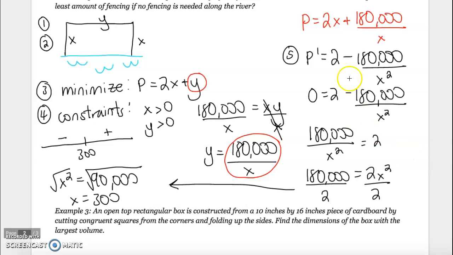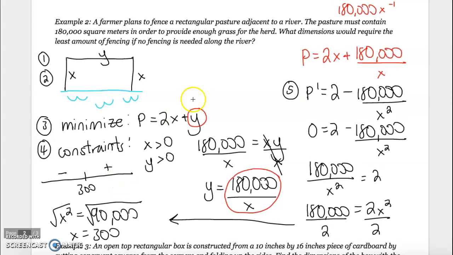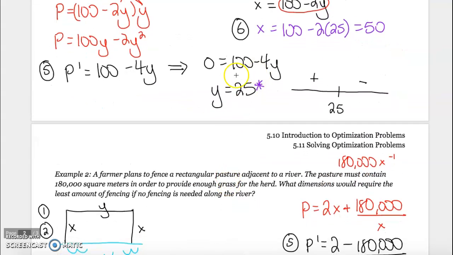So my last thing is, if x is 300, I need to find my y value. So I'm going to use this constraint equation again, like what we did up here.